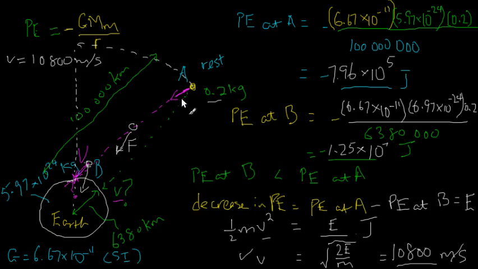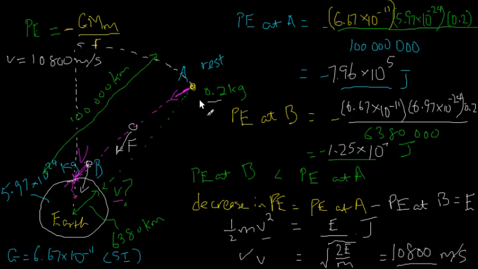So what this means is that it makes calculation of such problems quite convenient, because no matter how it moves, whether it falls straight towards the center or goes in a curved path or travels in orbit around the Earth, it really doesn't matter.